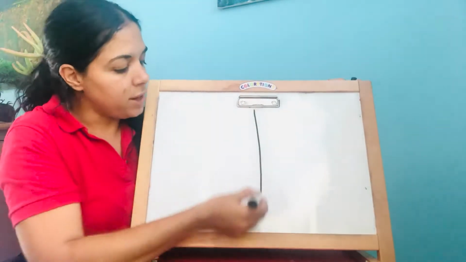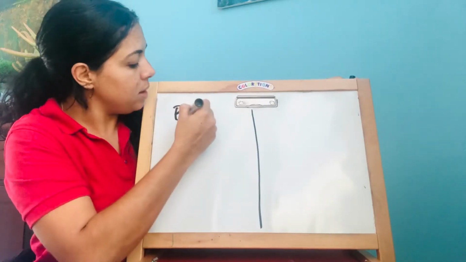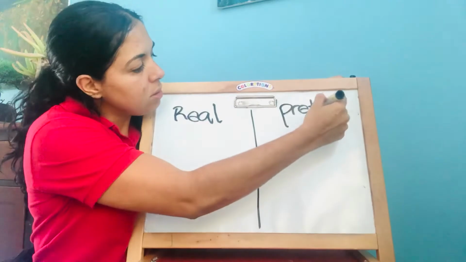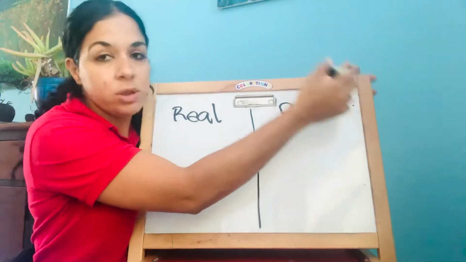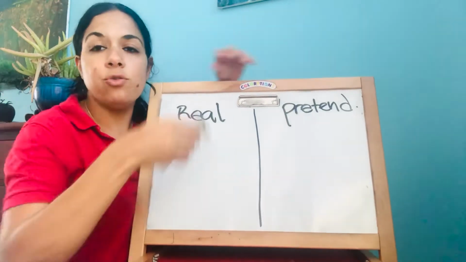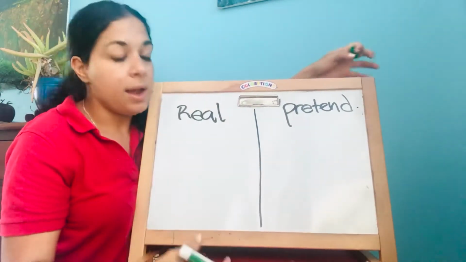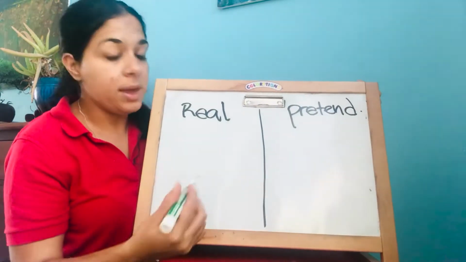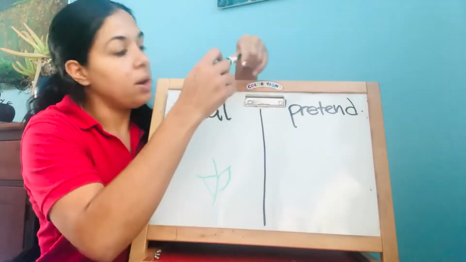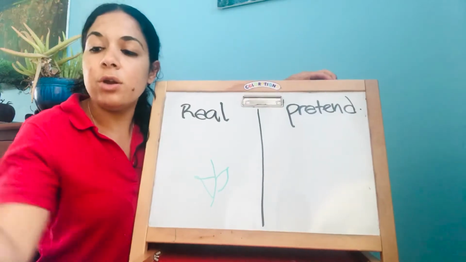I'm going to divide it in half, and in one half I'm going to write real, and in the other one, pretend. And I'm going to show that I know what's real and what's pretend with a flower. So I have my real flower here.